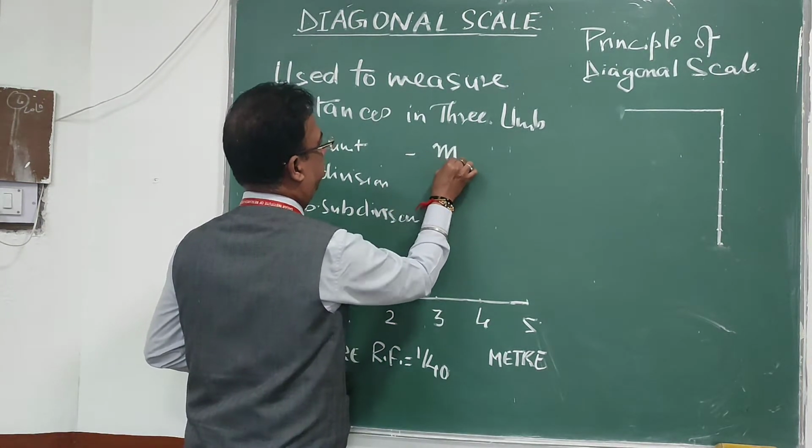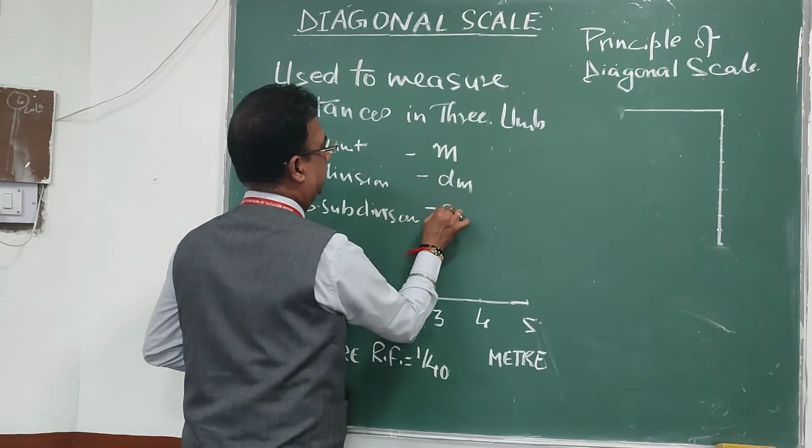So the 3 units are meter, decimeter and centimeter.